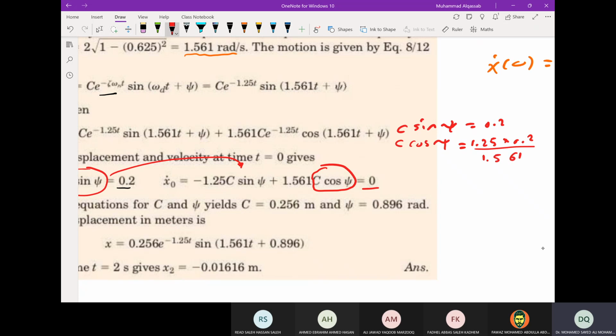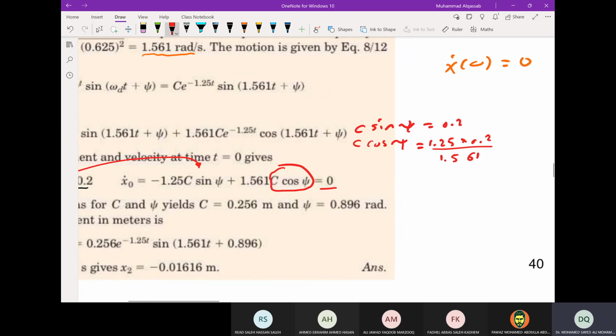To get c, you can square both equations and then add them together. Then sine square psi plus cosine square psi is 1, and you can get c from here. So this is equation 1, equation 2; 1 squared plus 2 squared will lead to c. And then you can substitute in one of the equations to get psi.